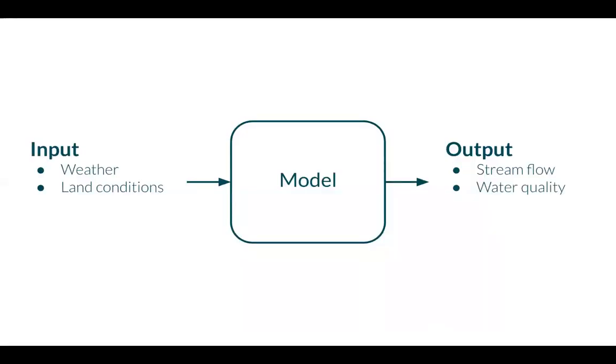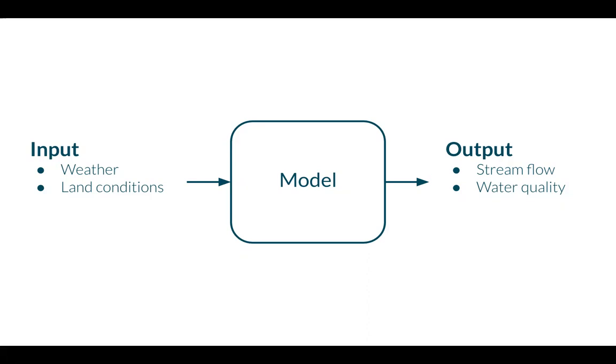What is a model? A model is a simplified representation of some system. In our case, we use models to represent river basins and all the hydrology, all the water movement that's going on inside river basins. So in these models, we're putting in inputs, and in our case, these are things like the weather and the land conditions.